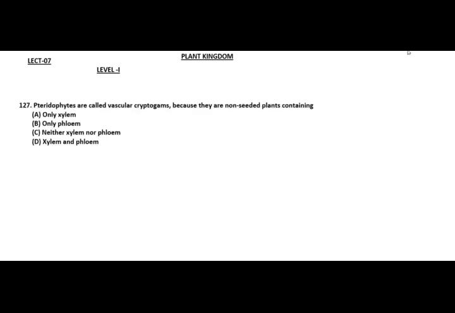The next question, pteridophytes are called vascular cryptogams because they are non-seeded plants containing. So here vascular cryptogams are the ones who have vascular tissues, and those vascular tissues will be xylem and phloem.